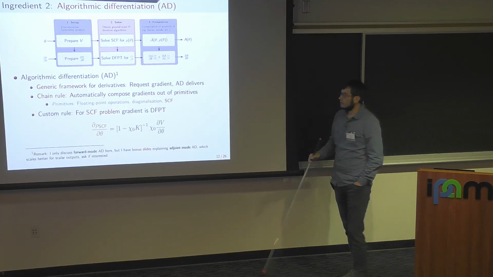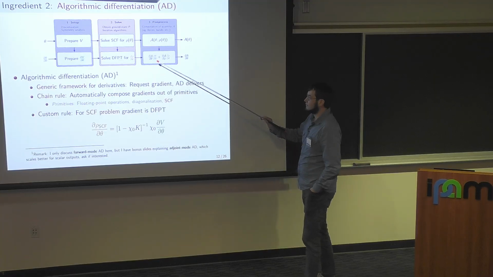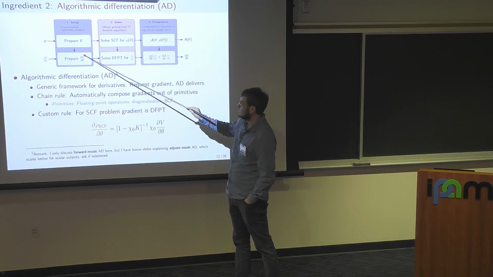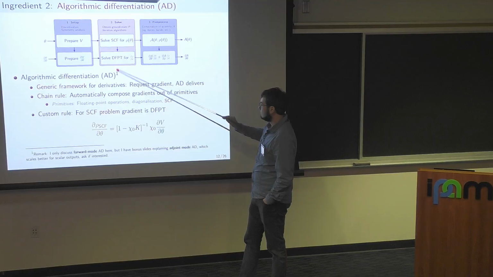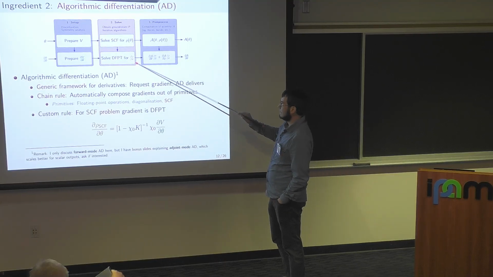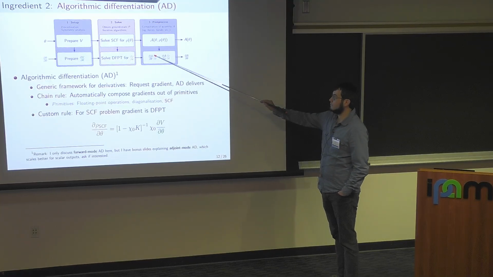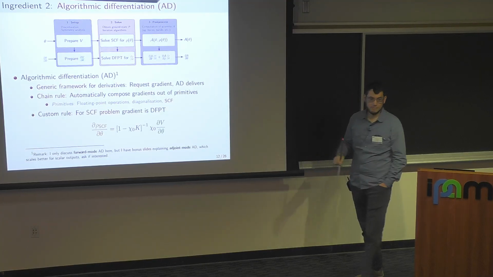So if we are able to step by step take the derivatives, if we can compute the derivative of the potential, then we have all the setup to solve our Dyson equation, get the derivative of the density, then we have everything we need to compute the derivative of the quantity of interest, and then we're basically done, right?